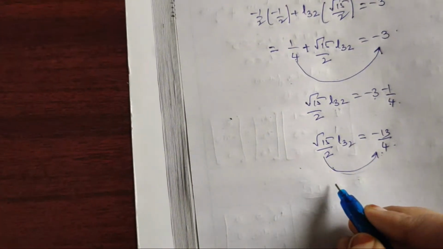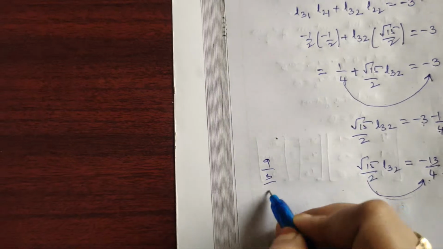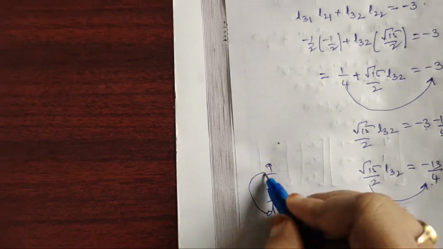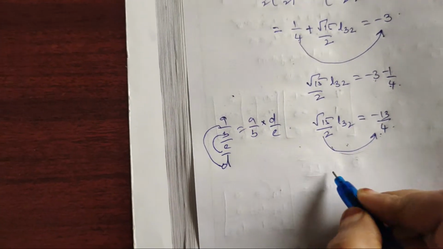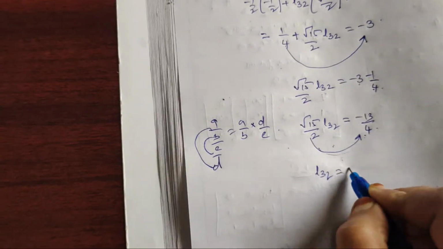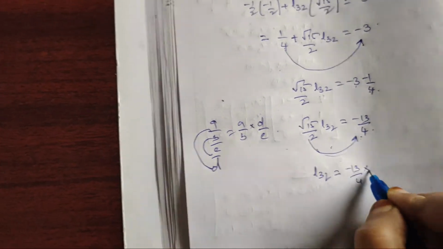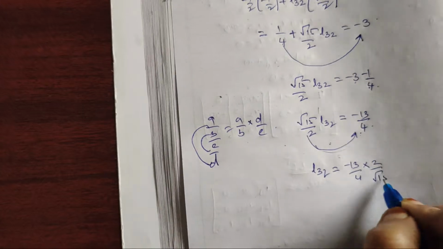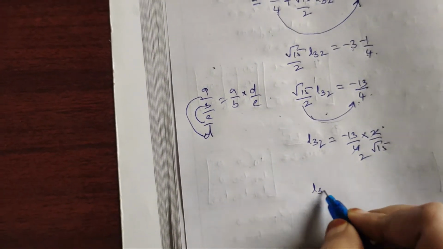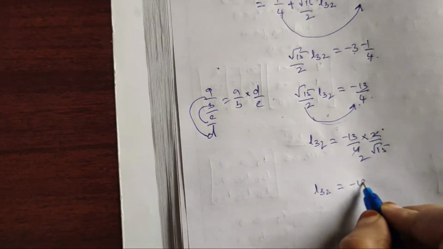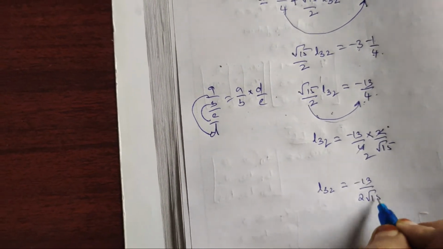So we can write A by B by C by D equals A by B into D by C. This logic only we are going to apply here. L32 equals minus 13 by 4 into 2 by root 15. So 2 ones are 2, 2 twos are 4. So the L32 value equals minus 13 by 2 root 15.